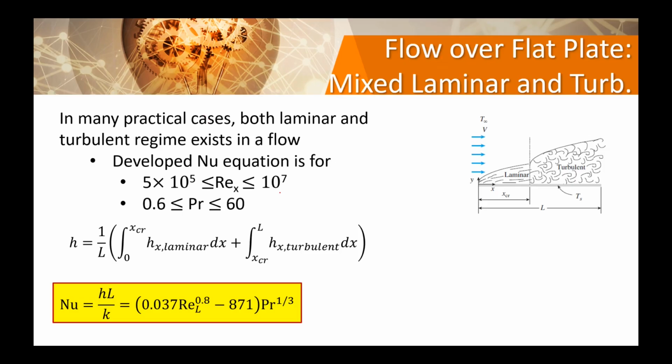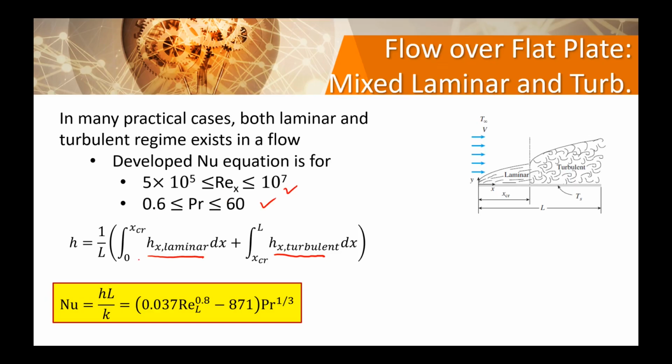And again, with the same conditions of the fully turbulent flow, but this time around, it's a mix of HTC for laminar and HTC for turbulent. I am not going to go through the derivation. If you need to know more, the textbook describes it in great detail.